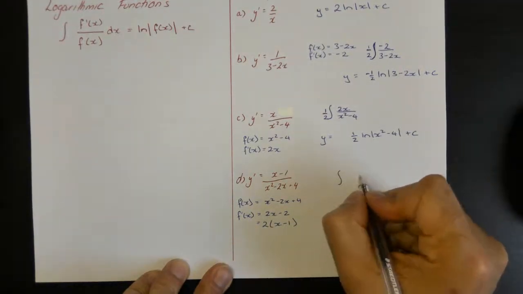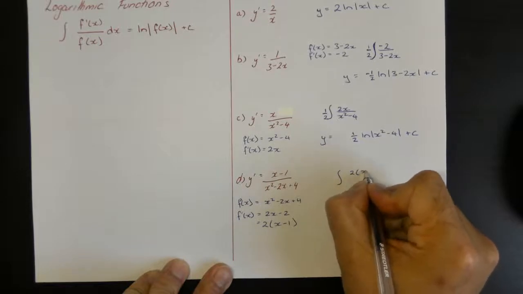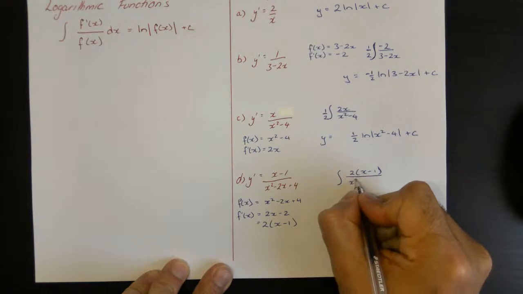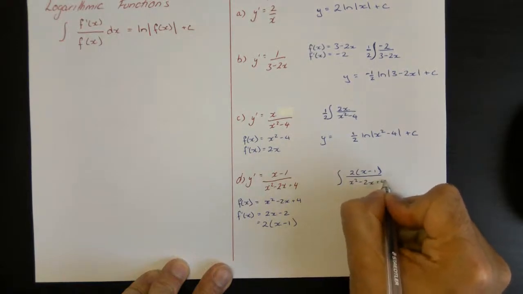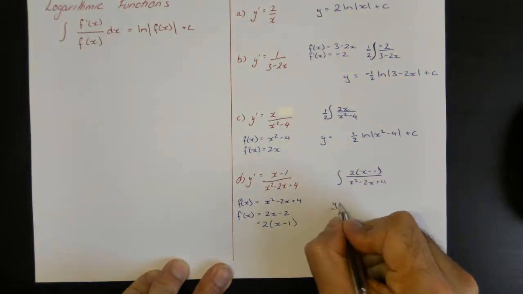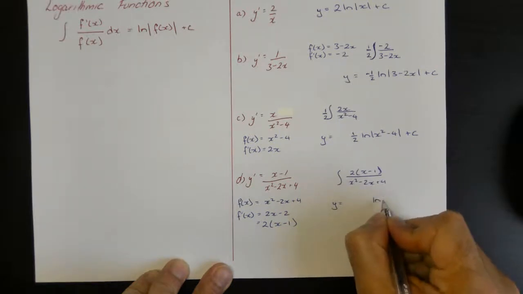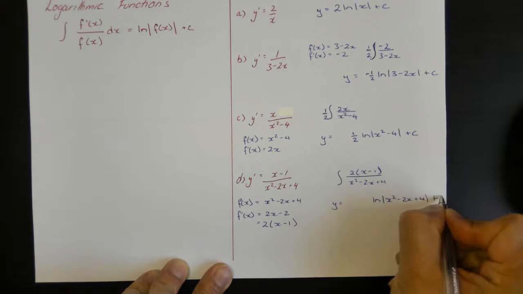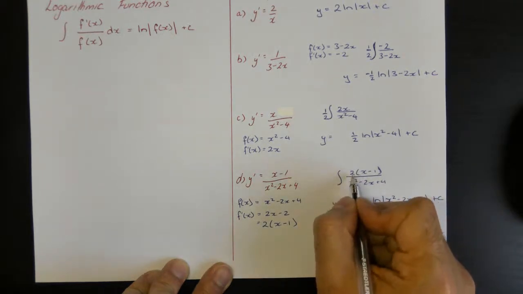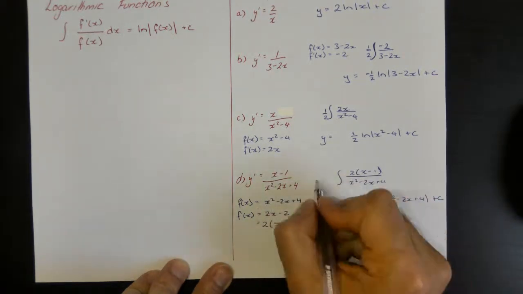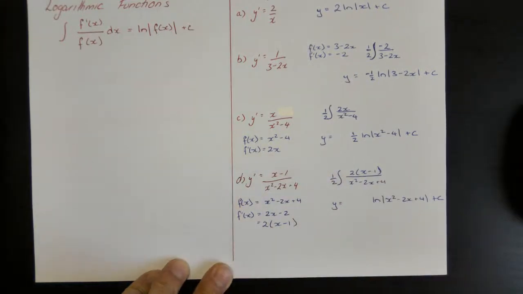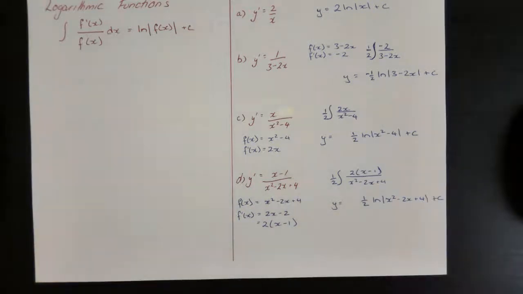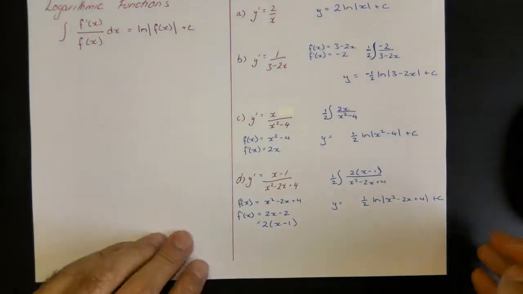Yeah, so if I had 2x minus 2 over x squared minus 2x plus 4, right, that would give me the natural log of x squared minus 2x plus 4 plus c. But I need to compensate for that too because it's not the same as here, so I'm going to have another half as well. So this is going to be a half of log x squared minus 2x plus 4 plus c.